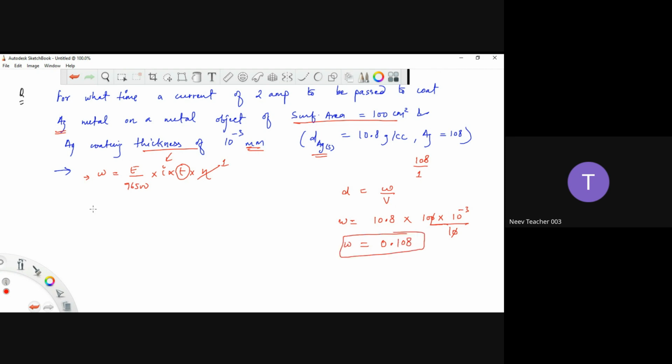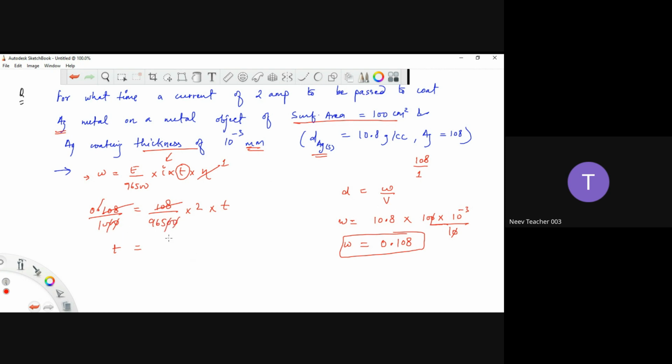Correct. Put it over here. So 0.108 is equal to 108 over 96500 into 2 ampere into time. So time from here will be what? The 108 gets cancelled out, this gets cancelled out.